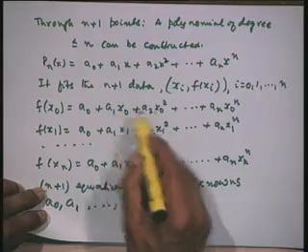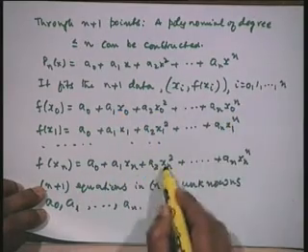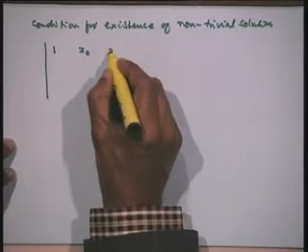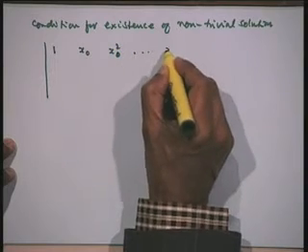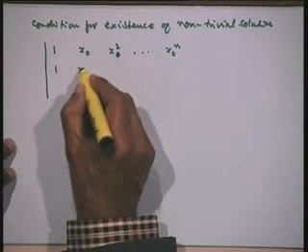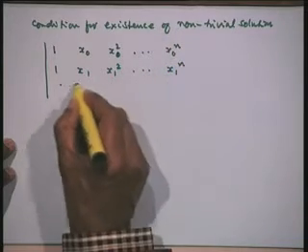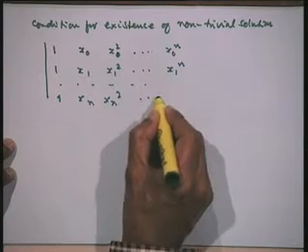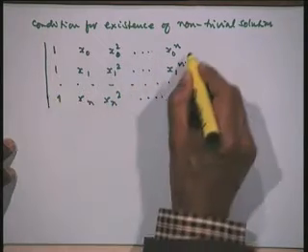I am just writing the coefficients of this system, that is 1, x_0, x_0^2, ..., x_0^n; 1, x_1, x_1^2, ..., x_1^n; up to 1, x_n, x_n^2, ..., x_n^n.